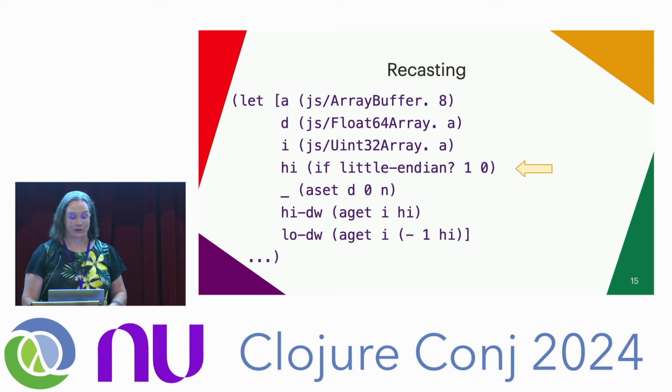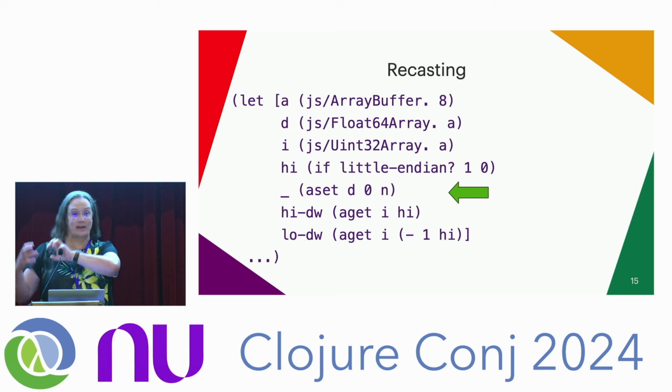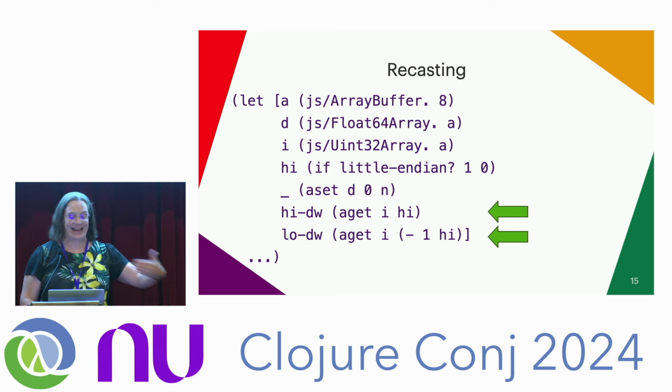Okay, so now I've got the high flag pointing to 1 or 0. I can now take my double, put it into the float 64 array in position 0 there, and now I can get out of the integer array both the high and 1 minus high to get the high and the low double words.